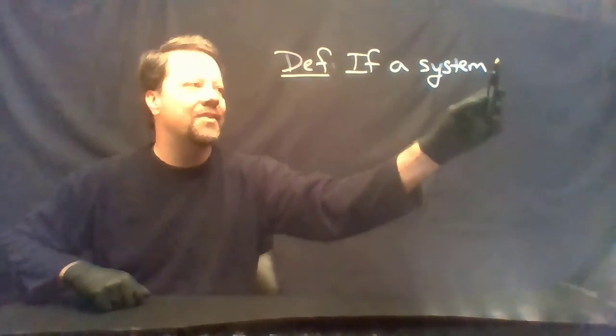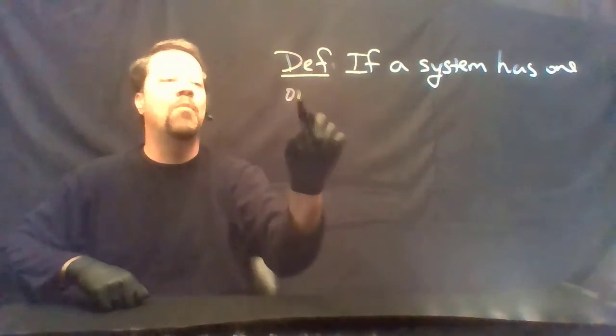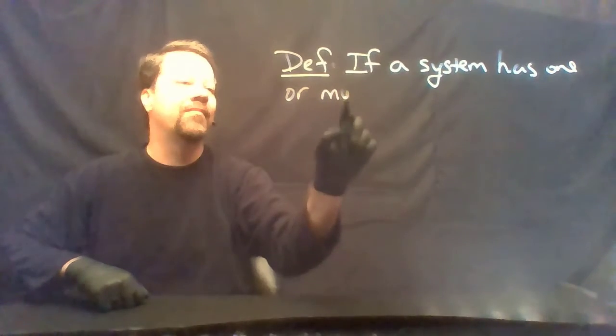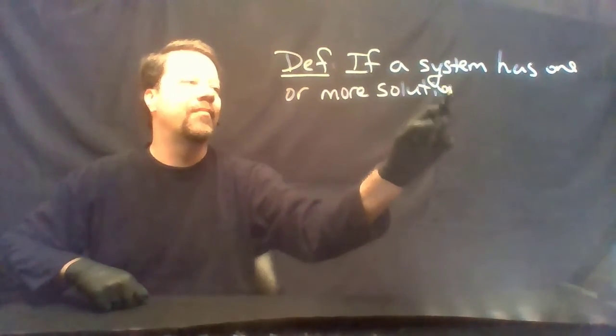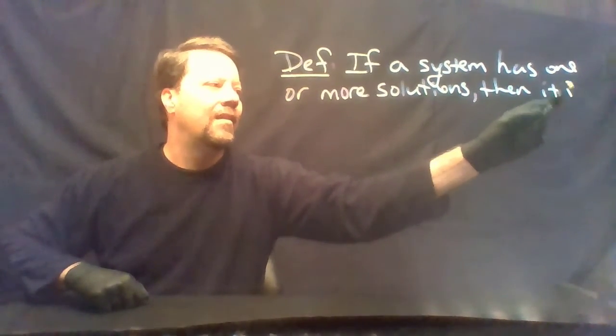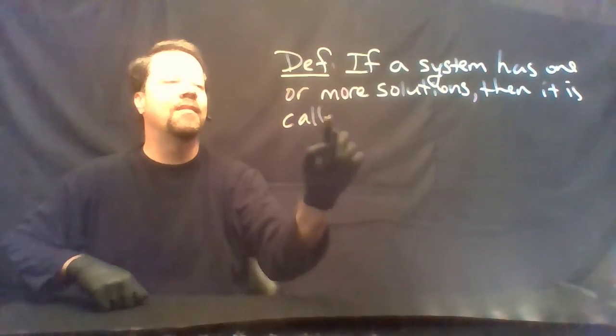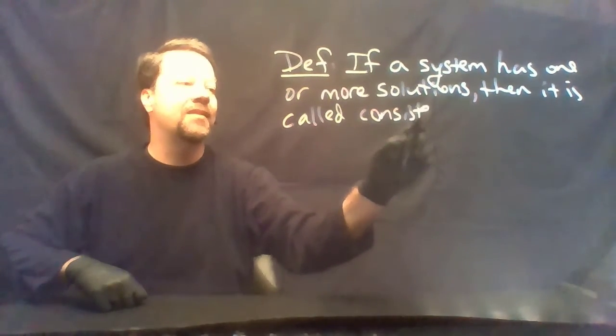If a linear system has one or more solutions, then it is called consistent.